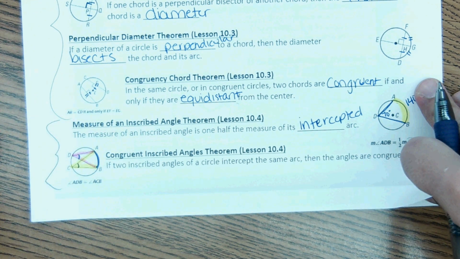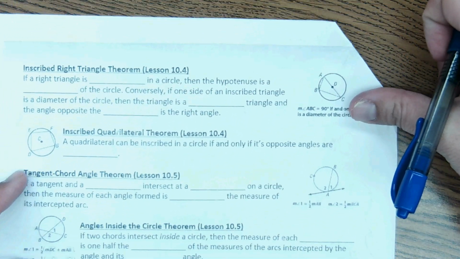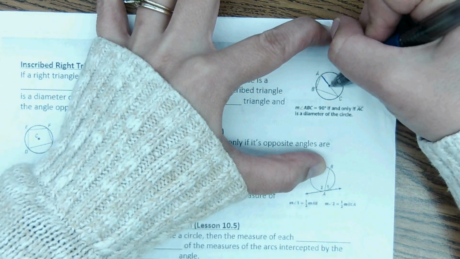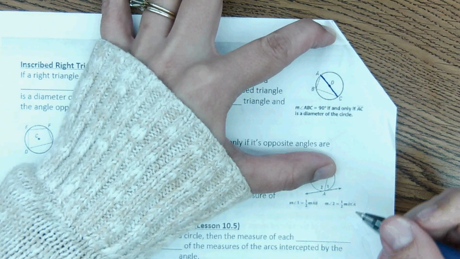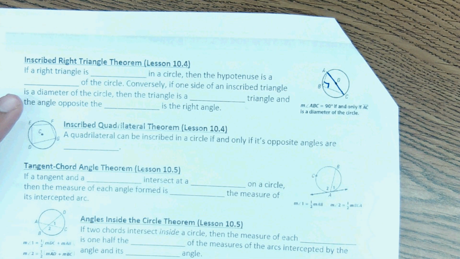Okay, and on the back of this, for this theorem, we'll fill in the words in a second. But what this is saying is if you have an inscribed triangle and one of the sides of the triangle is the diameter, then it has to be a right triangle.